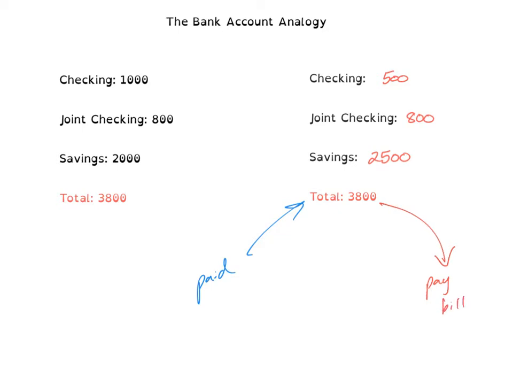So I can do stuff internally within my bank account to change how that money actually looks within it. The total amount then would never change. But things can happen externally where I could get paid or I could make payments. This total amount can then change.